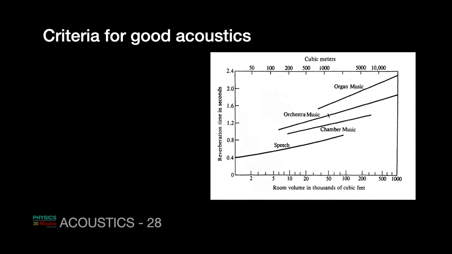But an instrument like a flute or an organ pipe, which can play longer, can afford to be heard at a larger reverberation time. So 1.6 to 2 seconds appear to be more pleasant. On this graph, it's the room volume. One can see that for larger room volumes, you require larger reverberation time for music to appear nice.